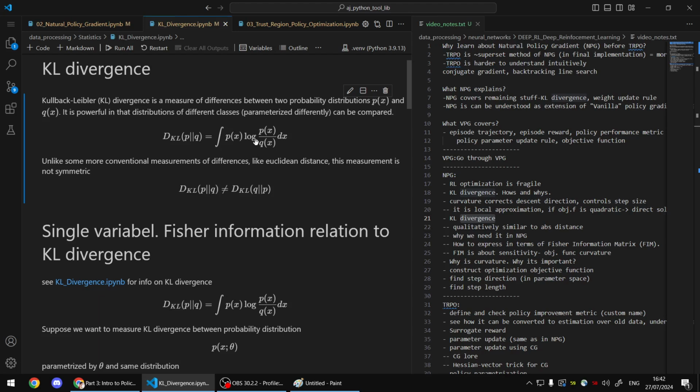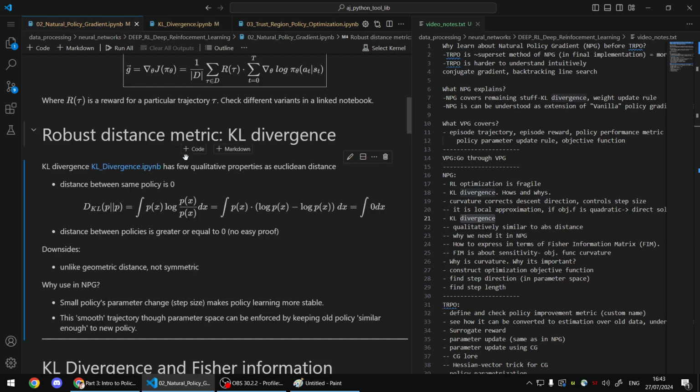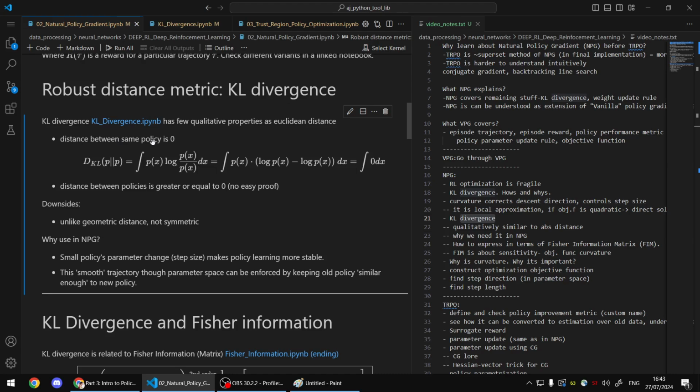So the idea is that there is such a metric, one of many, but this is one of the most popular. It in a sense satisfies the properties of distances in a qualitative way, in that if we are trying to measure the distance between the same policy, it will just be 0.